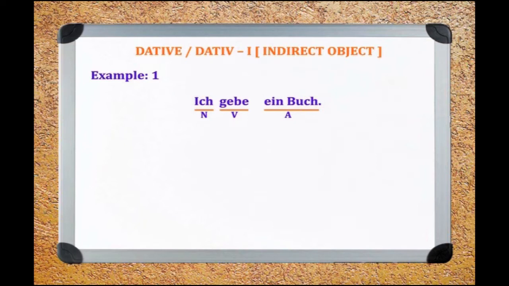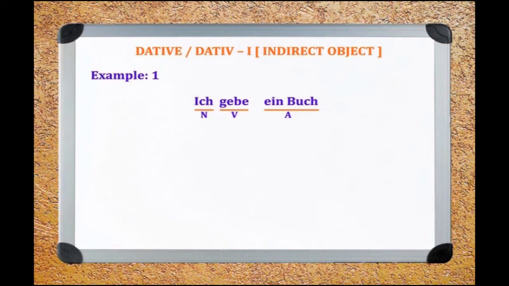So, here we have the pronoun ich, the person who is giving, that means the I, and the person gives something, which is the accusative, the direct object. Now, the question is, who gets this, or to whom does I, the subject, give the book?